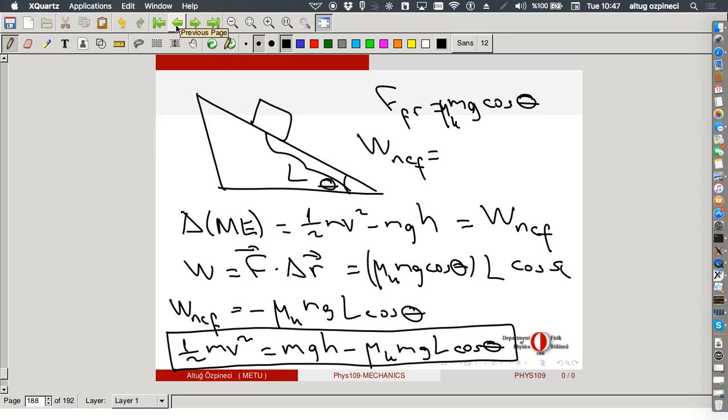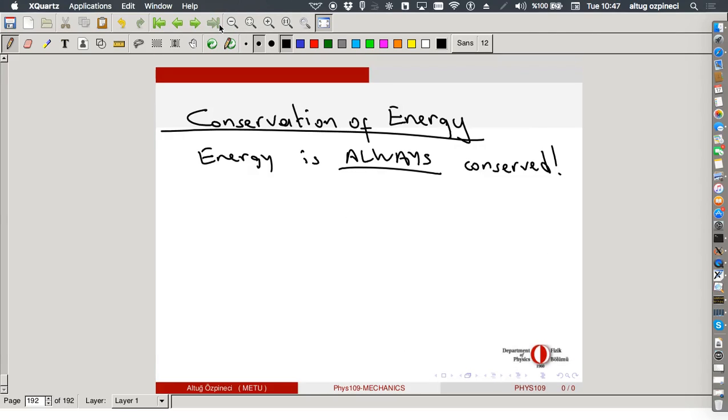Well, to see what happens, just rub your hands. They get warm. That's what happens to this lost, in quotes, lost energy. It is just converted into other forms of energy. And that is what we call the total energy: the mechanical energy plus the internal energy.